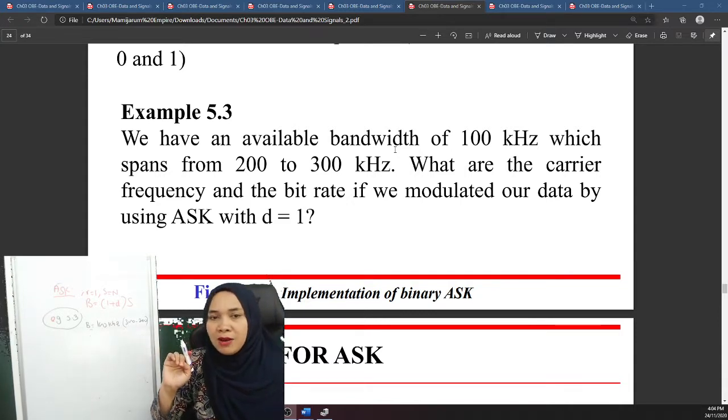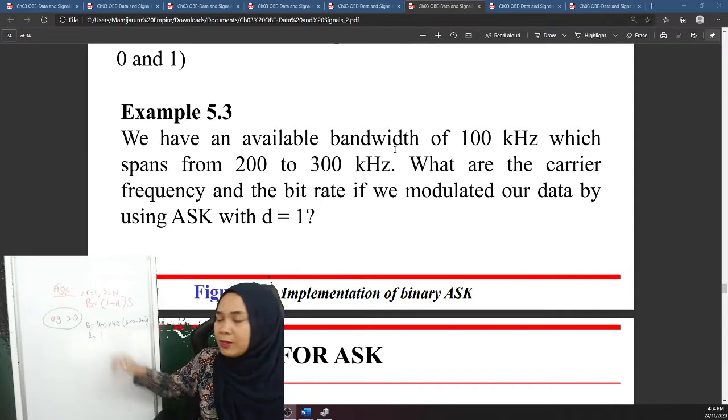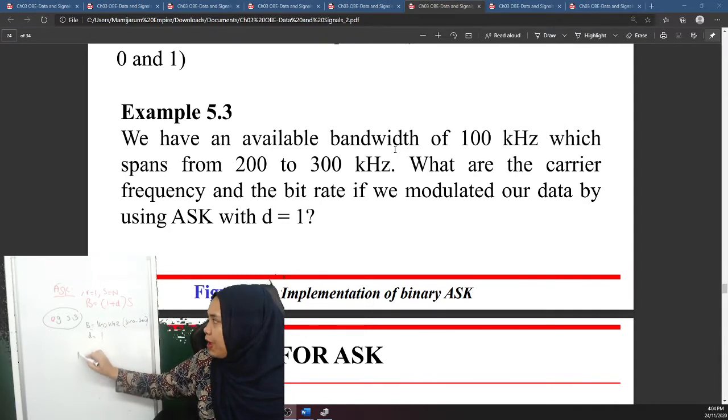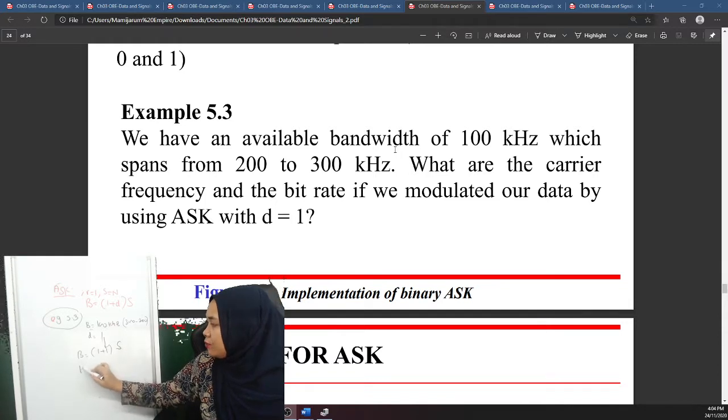What is the carrier frequency and the bit rate if we modulate our data using ASK with d equal to 1? So using the bandwidth formula, 1 plus d, with d equal to 1, we already know the bandwidth is 100 kilo. 100 kilo, which is 100 times 10 to the power of 3, equals 2S.